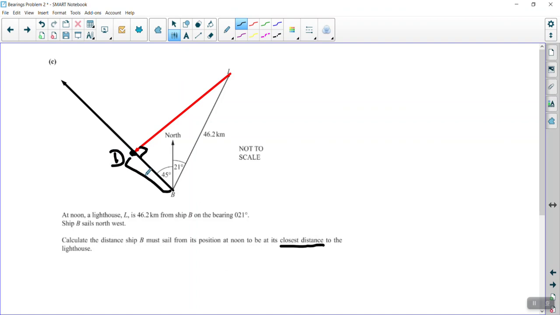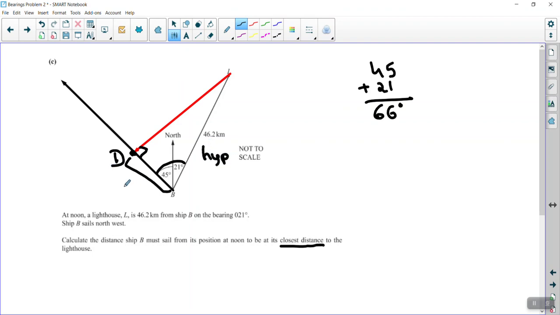So now we have an angle in here. That angle is going to be 45 plus 21, which is 66 degrees. We also know that this one is 90 degrees. So we can label this using the right angle triangle rules. Here, this one would be our hypotenuse, right?